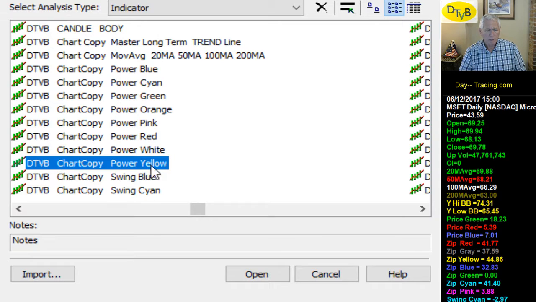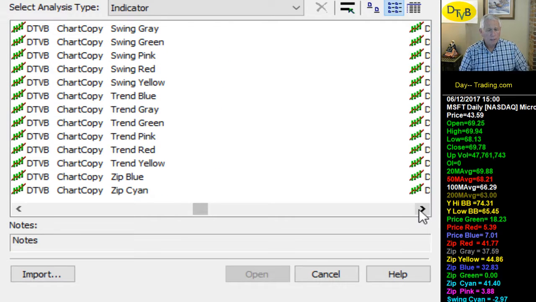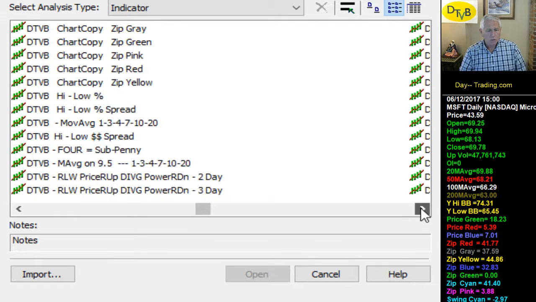Like, for example, if you wanted to pick the chart copy of Power Yellow, when I say chart copy, that literally will just load up the Power Yellow line on the chart, and you can do that for any of the things that we see here. If you wanted, the second page that I've turned to here has more chart copies of stuff, and then you can get into other ideas or examples of what you might like to see.